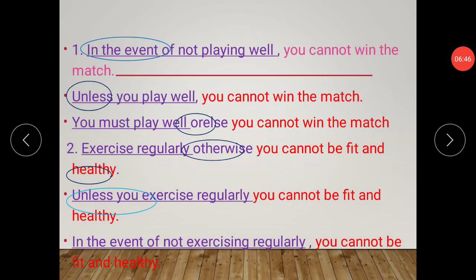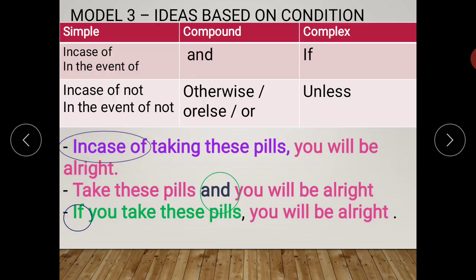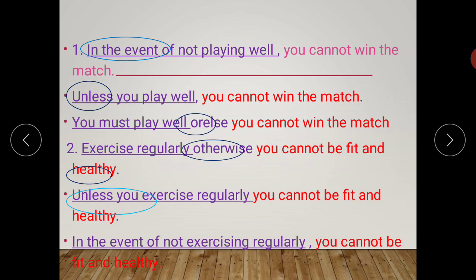Okay, the third sentence: in the event of not exercising regularly. What is this? In the event of not, what sentence is it? Very good, it is a simple sentence. In the event of not exercising regularly, it should not be a finite verb, because the phrase does not have a finite verb, so it takes the ing form.